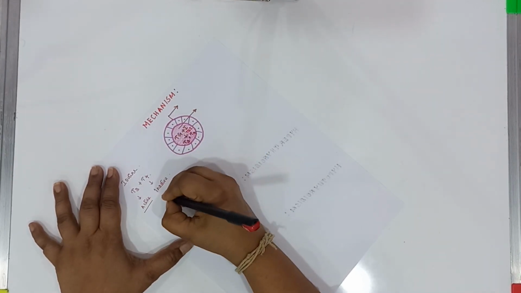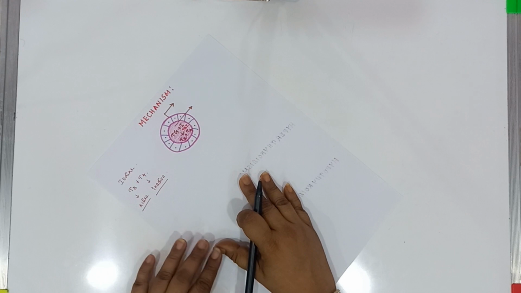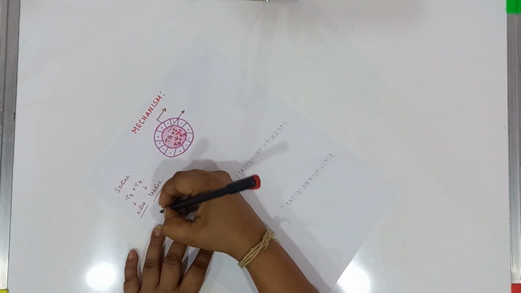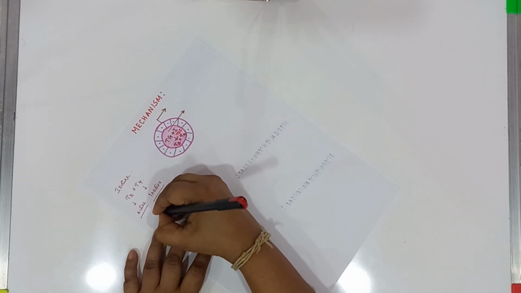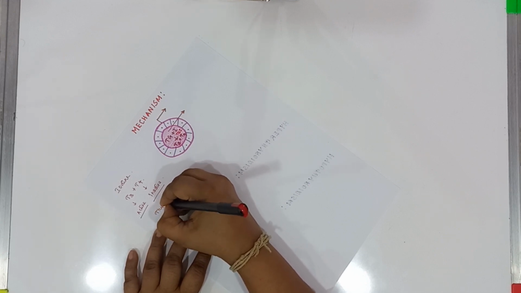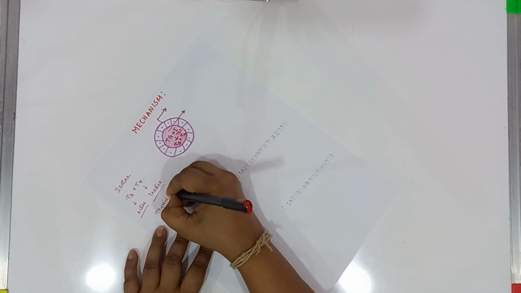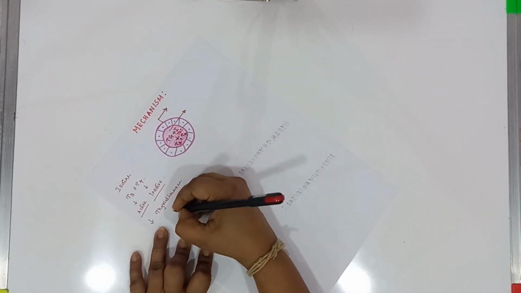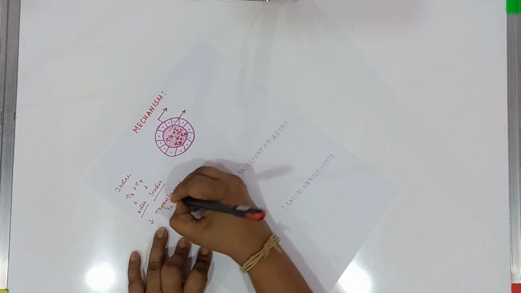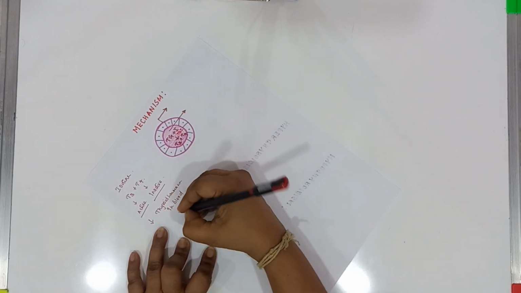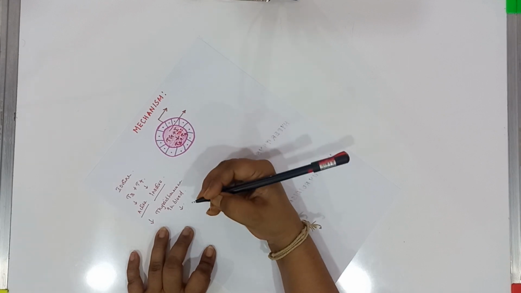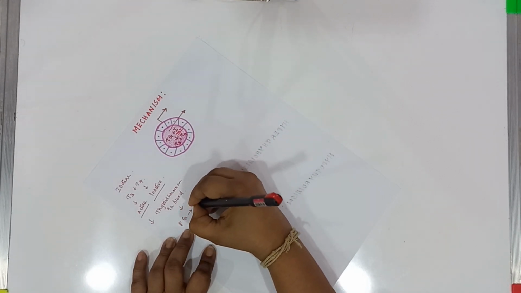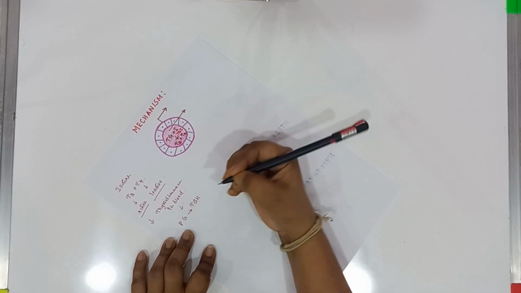Now I am going to explain the formation of the thyroid hormones. Whenever there is a decreased amount of thyroid hormones in the blood, immediately the pituitary gland stimulates the release of thyroid stimulating hormone.